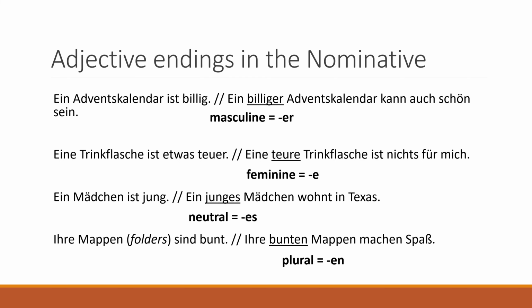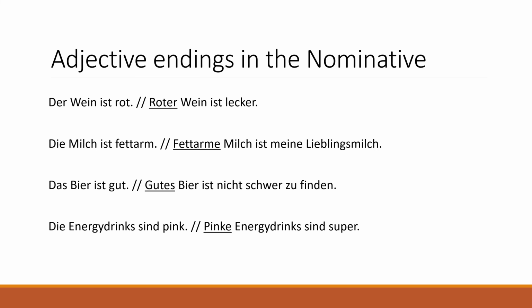Ihre bunten Mappen. The final slide here with examples is for when something is unpreceded by an article at all, right? So think of the phrase, don't cry over spilt milk. Spilt milk is unpreceded by an article.